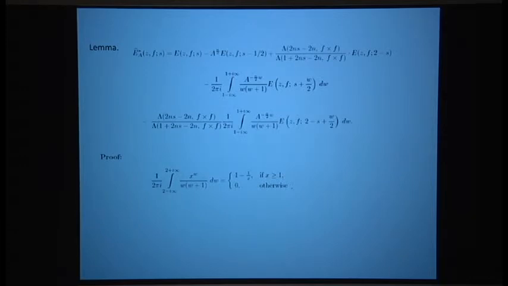So if we smooth out the truncation, as a cost, we have that 1 minus 1 over x weight. So now, because of this lemma, if we know the Fourier expansion of the Einstein series, we just plug in the Fourier expansion of the Einstein series, and we can get the Fourier expansion of the modified truncated Einstein series.